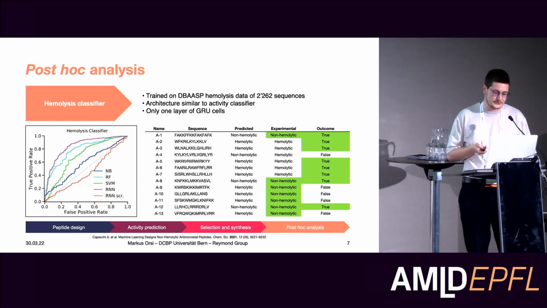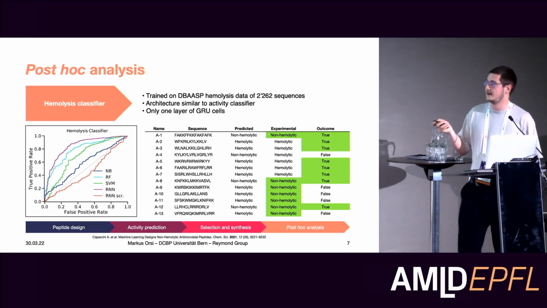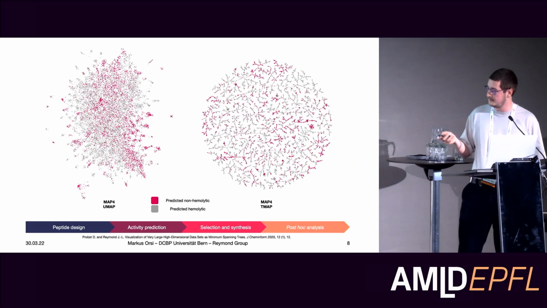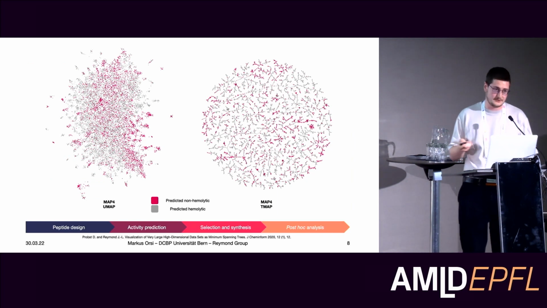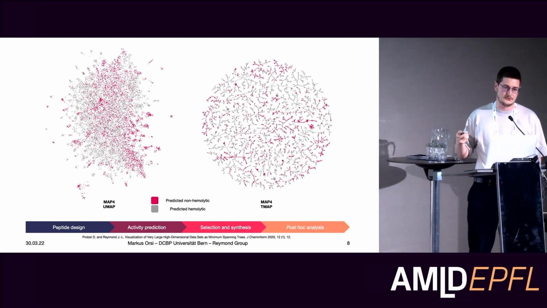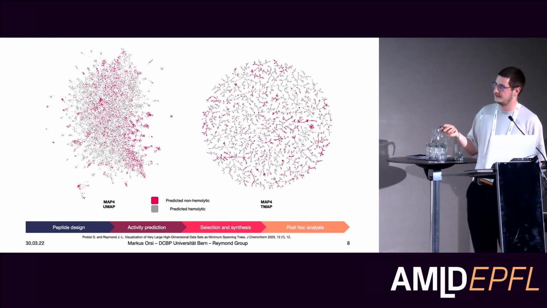But we were also curious to see how the classifier behaves on a bigger set. So we applied it on the entire DBAASP, the database that I've been talking about all the time. We encoded all of the chemical structures of these peptides with the MAP4 fingerprint, which is quite similar to ECFP, but is better suited for displaying bigger structures in general.